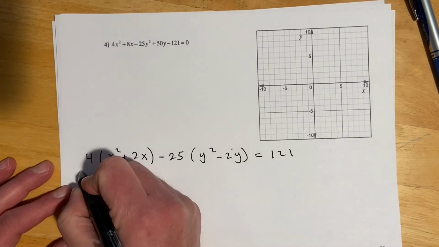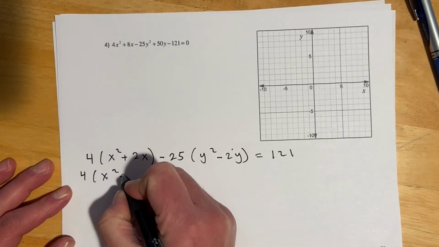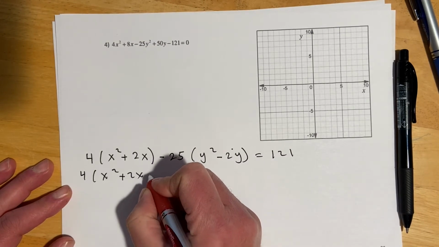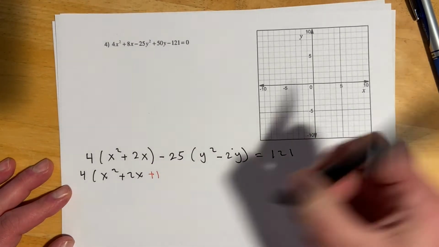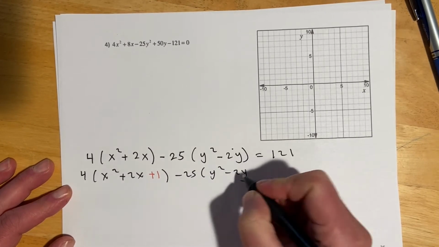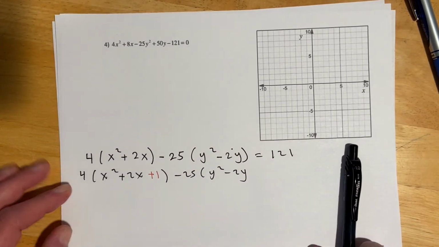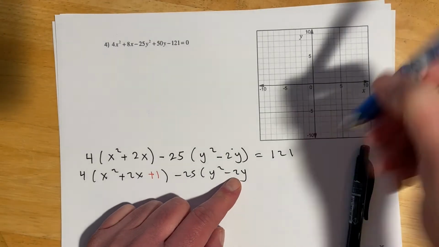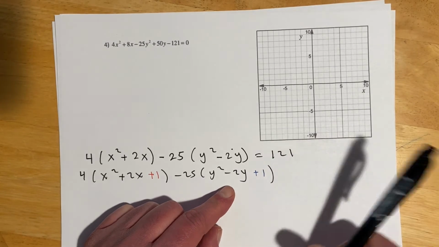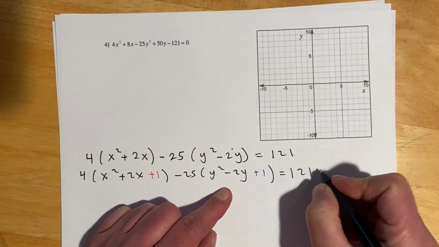So now I'll complete the squares. So we got 4x squared, 2x, and then we do half of 2 is 1, and then 1 squared would make 1. And then -25, y squared minus 2y. And then half of 2 is 1 again, 1 squared makes 1 again. And that equals 121.